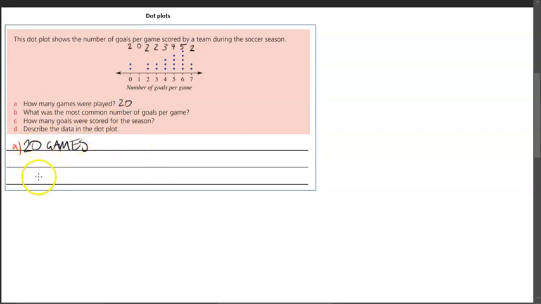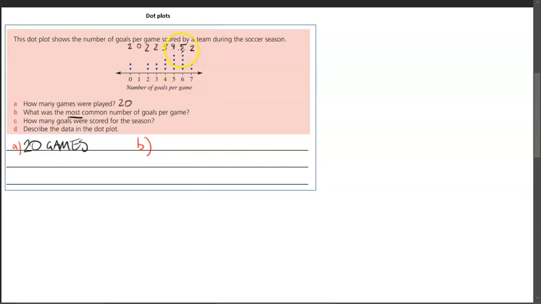Question B: what was the most common number of goals per game? The key word is most common. We're looking for the number of goals per game that has the highest amount. There's only one of them, and this is 6 goals per game. There were 5 of them.